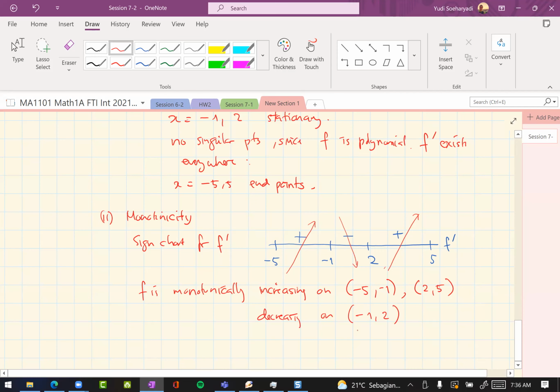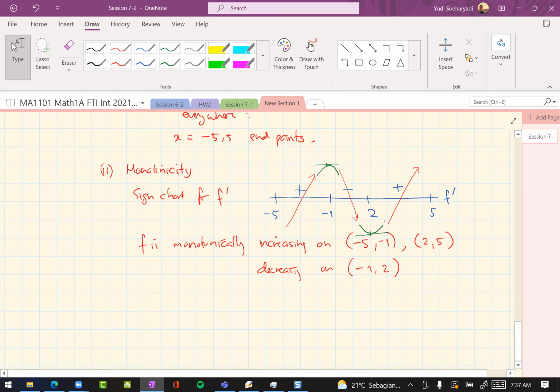And what do we know further? The function must be continuous, so you have to be able to connect this increasing and then decreasing. When you connect, you get something like this, because this is stationary.